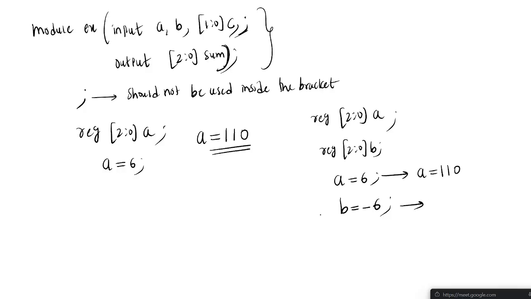B value is 111. In digital I told you that whenever a compiler or computer wants to store a negative number, that negative number will be stored in 2's complement form.